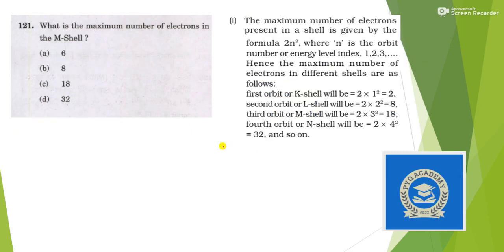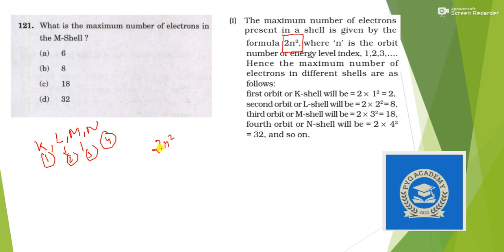The next question is, what is the maximum number of electrons in the M shell? If you have gone through NCERT, this formula is given in the same chapter from which the earlier question was asked: 2n squared. We know the shells are K, L, M. K is the first, L the second, M the third, and this is the fourth.